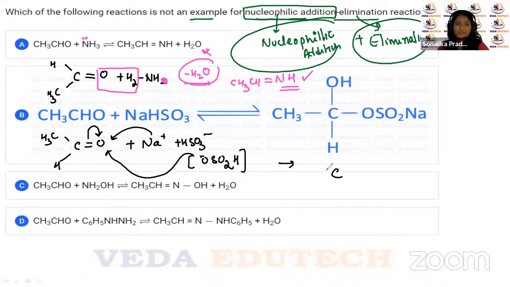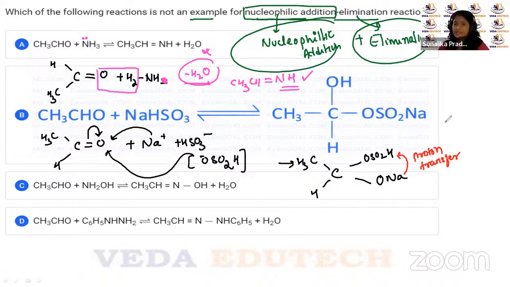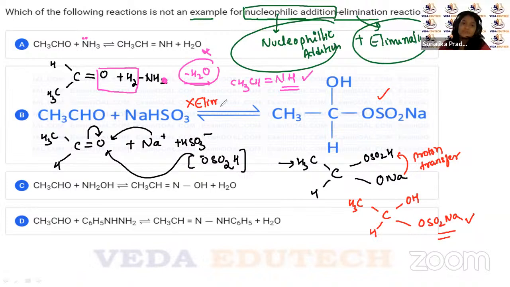So what are you going to get, children? And from here there can be a proton transfer. And your product is going to be this. So this is how you got your product. Did you eliminate anything here, children? No, there was no elimination. So can I say this is our most probable answer? Yes, as of now it is correct.